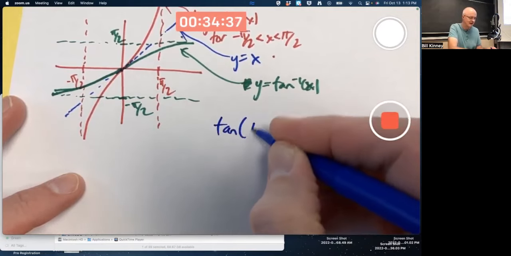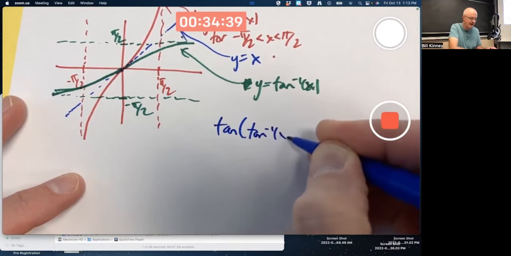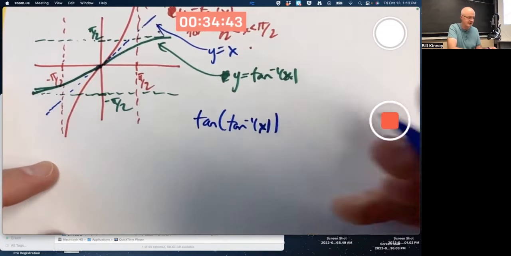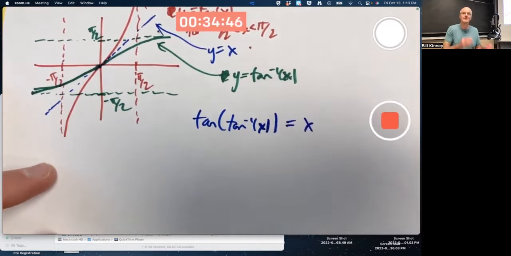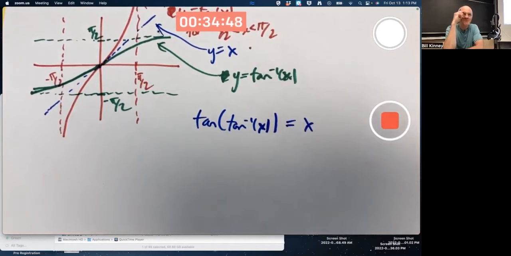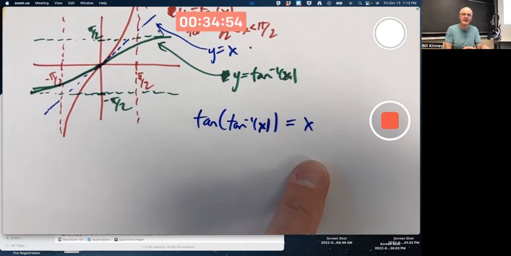Tangent of inverse tangent of x, by definition of inverse functions, is x, right? When you compose a function and its inverse function at a value of x, you get x back. As long as x is in the domain, actually.